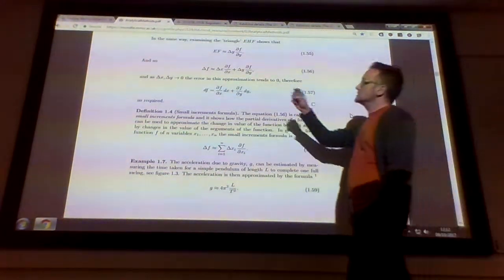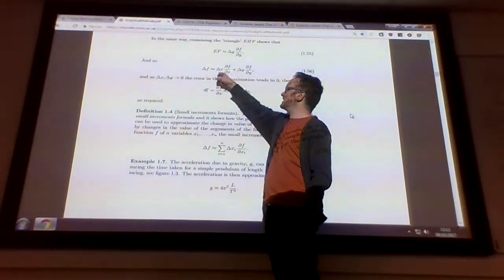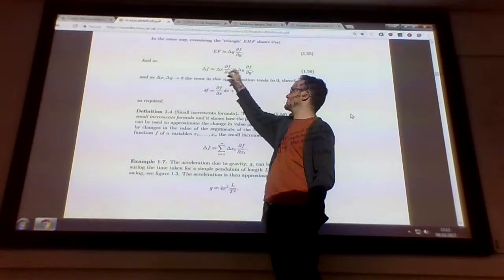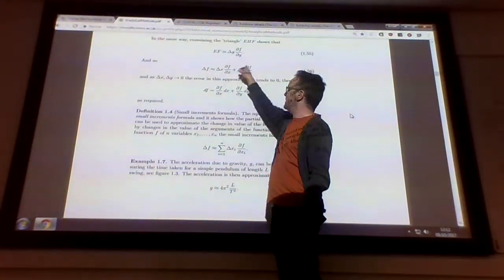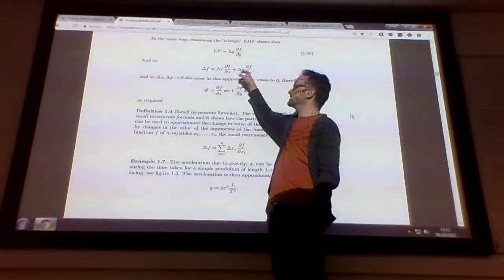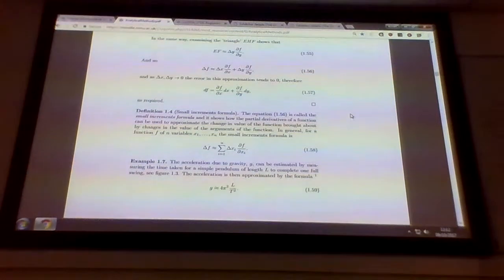Okay? So the approximation tells us that the change in value of the function is approximately this linear combination of the changes in x and the change in y. And the coefficients of the linear combination, the things multiplying the delta x and the delta y, are the appropriate partial derivative of the function. Okay?